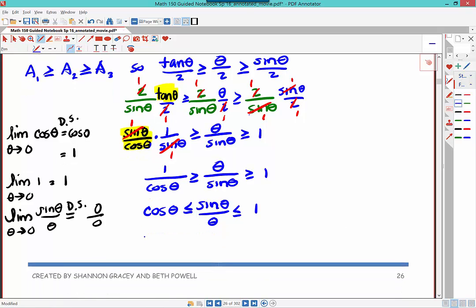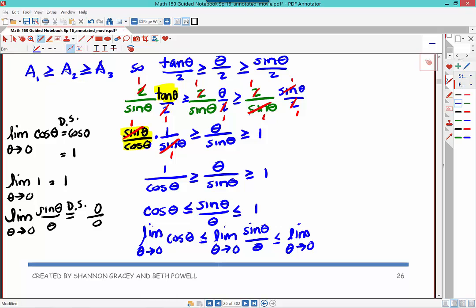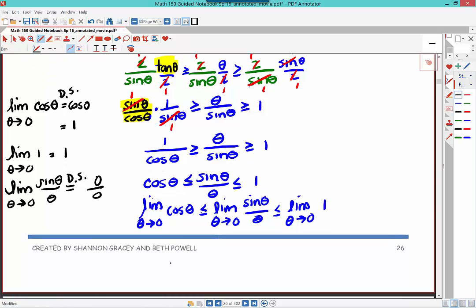If we apply these limits, this also has to be true. And what did we get for these things? We got a result of 1.